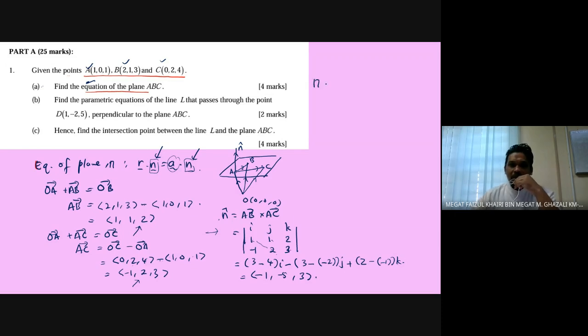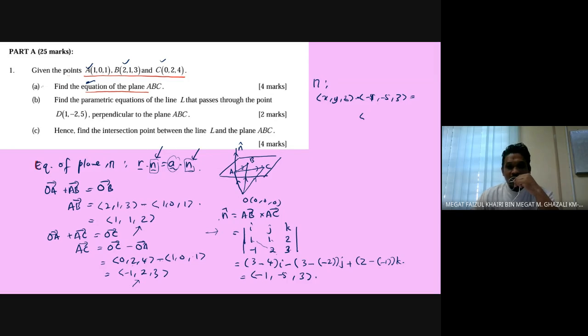So then, equation of the plane. Equation of the plane, x, y, z dot n, where n is negative 1, negative 5, and 3, equal to a dot n, where A, you can choose A or the coordinate of A, B, or C, either one.